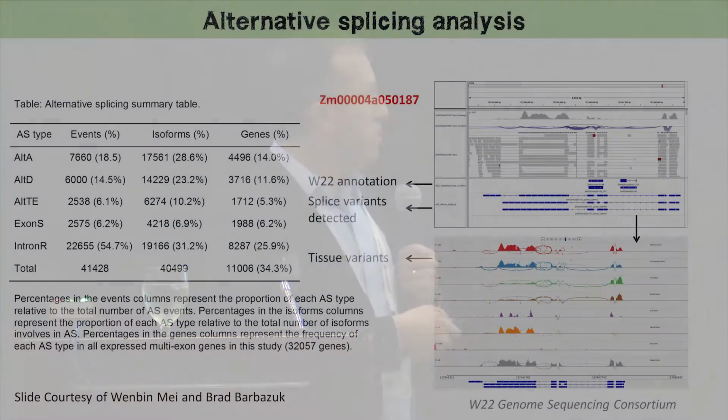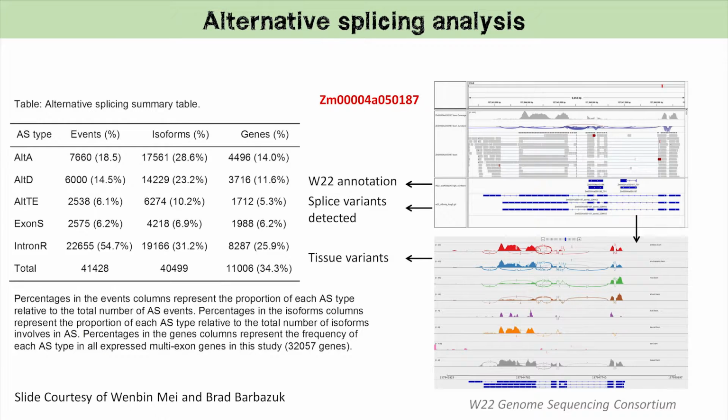Brad Barbazuk and Wenbin Mei in his lab then went a step further and characterized alternative splicing events in this genome. Again, they used a large collection of RNA-seq data that was cobbled together from all of the collaborators.